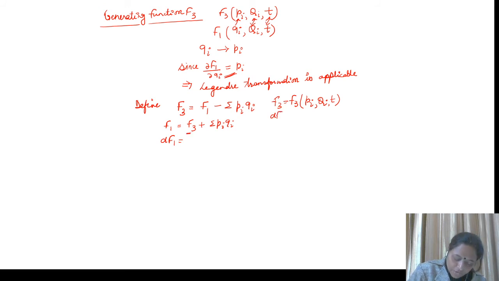And what is df3? It is delta f3 delta pi dpi plus delta f3 delta Qi dQi, plus summation dpi qi plus summation pi dqi.